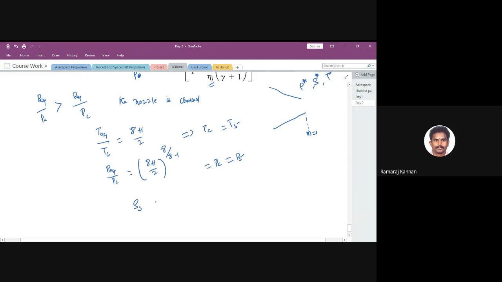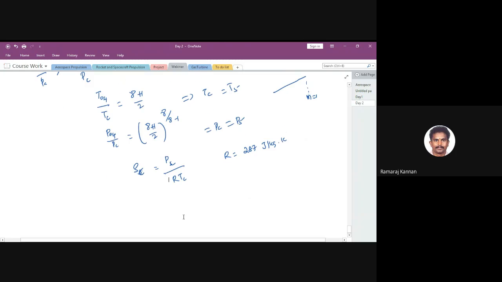Your rho 5 comes from P equals rho RT, so rho C is equal to PC divided by R TC. Your R value is 287 joule per kg K. Make sure that all units are in basic units, not kilo or mega. Substitute that and you can get your rho C here.